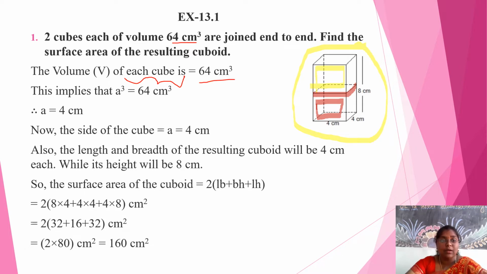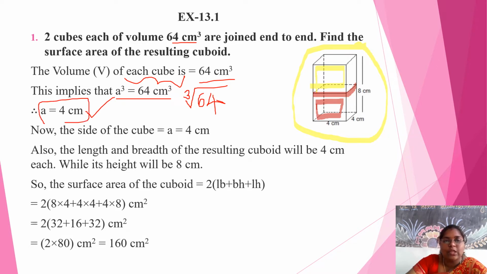With that we can find the side, isn't it? So the volume of the cube, A cube, is equal to 64. So A is equal to the cube root of 64, isn't it? The cube root of 64 means A will be 4. 4 fours are 16, 16 fours are 64. So we got the value of A. So the side is 4 centimeter.